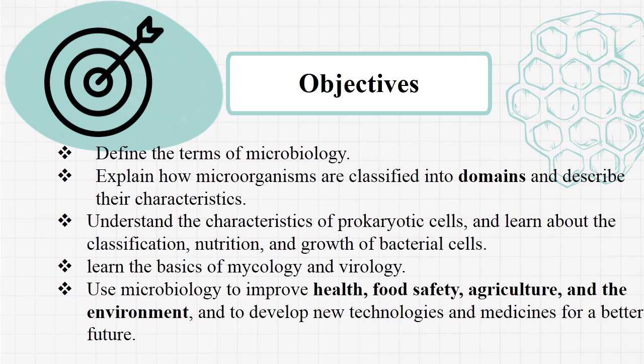After that, you will learn the difference between prokaryotic and eukaryotic cells. You will also look at the structure, nutrition, and growth of bacteria, which are central topics in microbiology. And finally, you will be introduced to the concepts of fungi and viruses to understand how they differ from bacteria and other organisms.